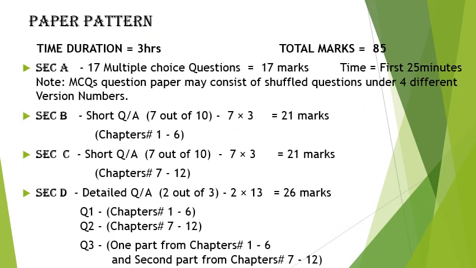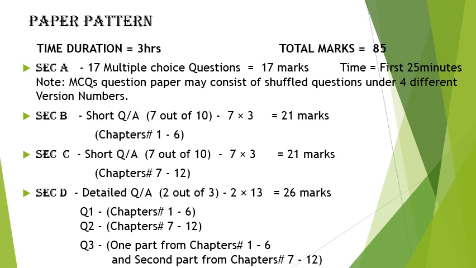Students, this is the paper pattern for the first year federal board. It is the only theoretical paper you have to give. The duration of the exam is 3 hours. Total marks for the paper are 85. You will find 4 sections in it.